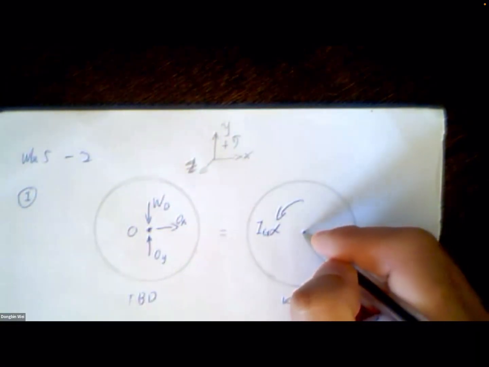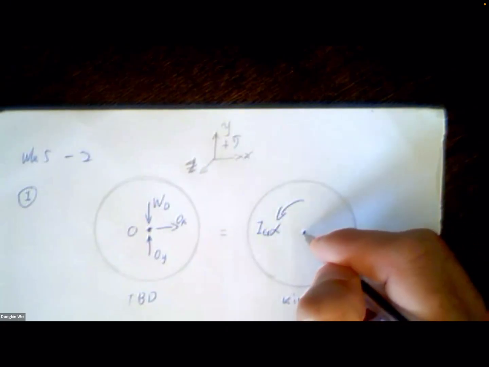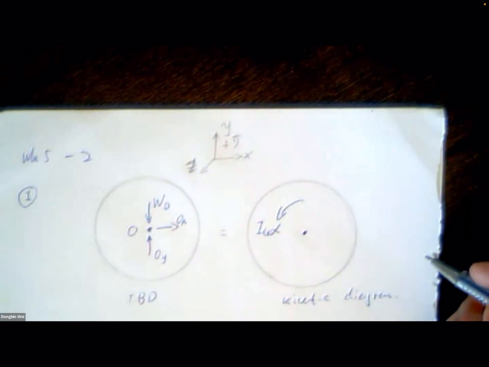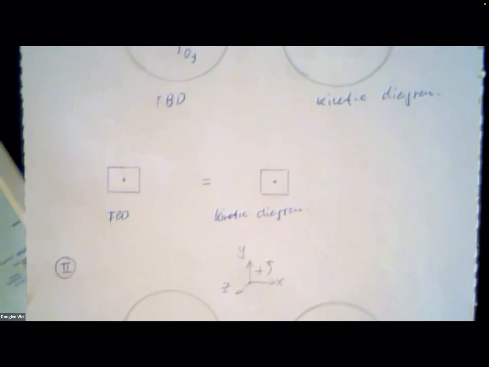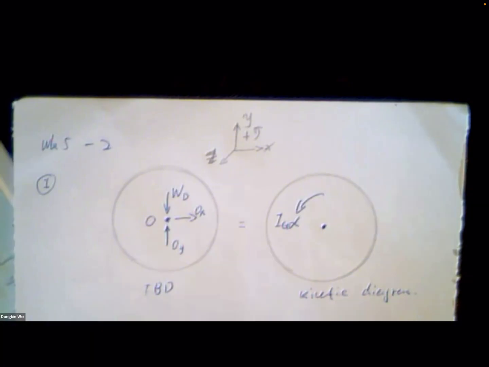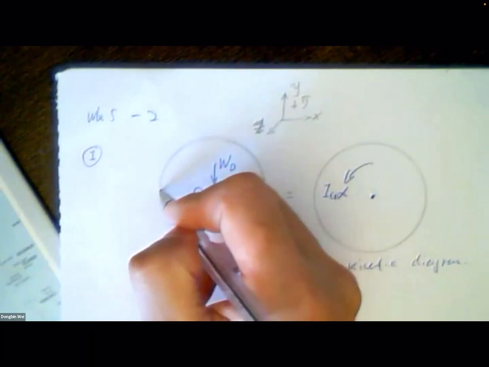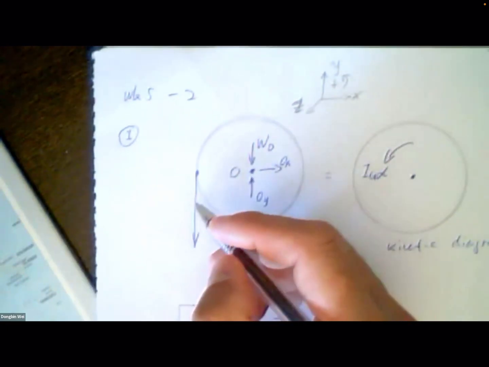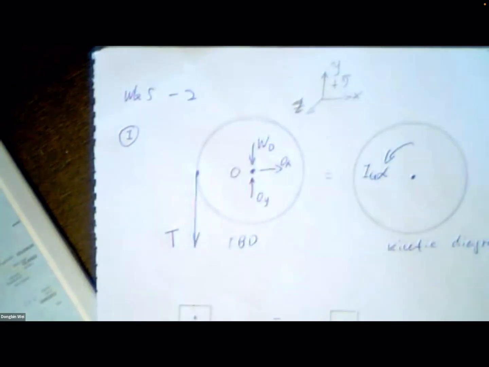Because O is the fixed axis point, for this drum there is no acceleration at point O. Now, for this block, one more external force is here, and at this point in this cord, there should be a tension force T.